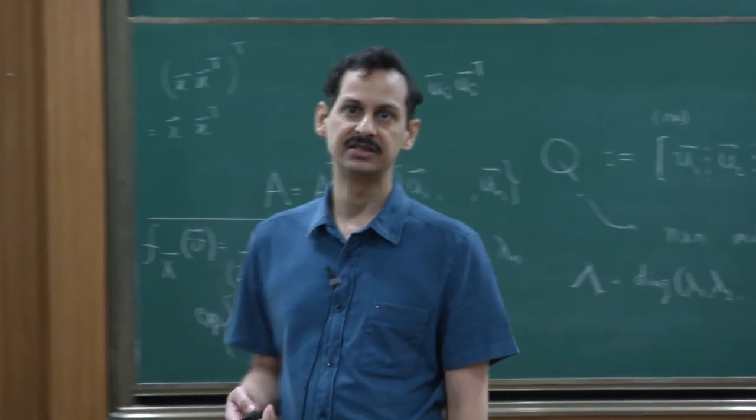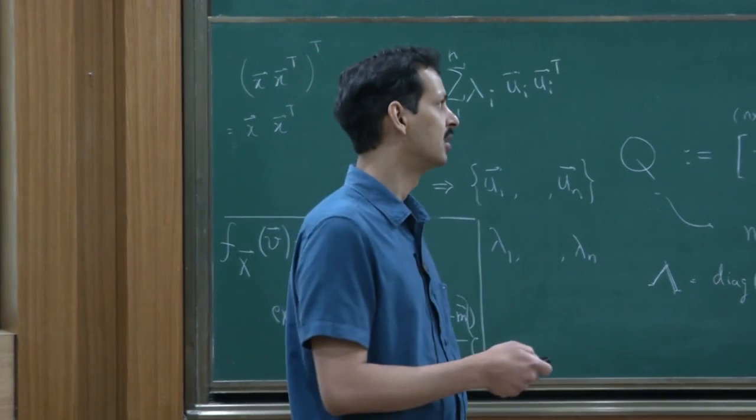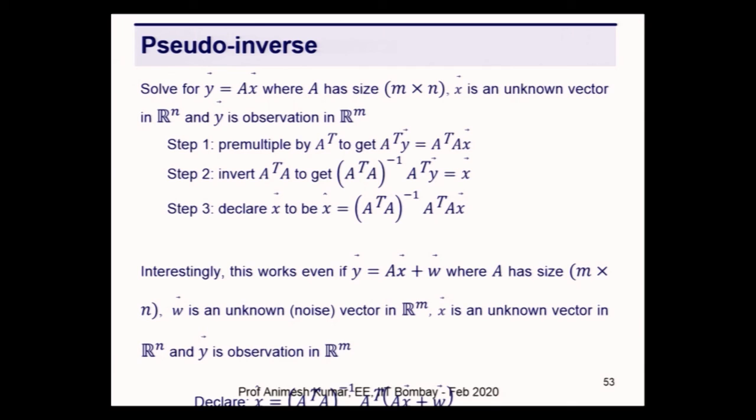Overdetermined means M was larger than N, and so there is a good chance that this N by N matrix is invertible. If we can invert it, then we get x vector as (A transpose A) inverse times A transpose y. And so you would end up declaring x vector to be (A transpose A) inverse times A transpose A times x vector.